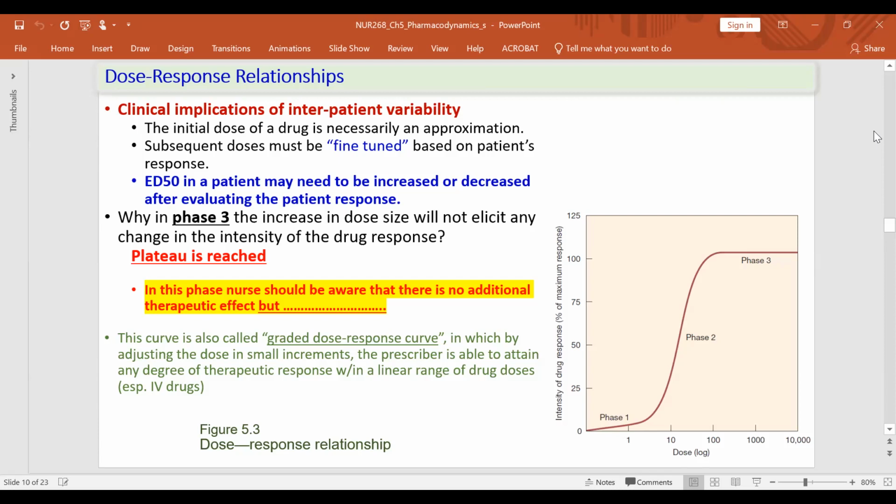In other words, because the plateau has been reached, that dosage was enough and sufficient to relieve the patient's pain level. Again, the drug has 100% relief, which means that any additional amount or increase in the drug dosage will not elicit any further change in the response because the plateau has been reached.